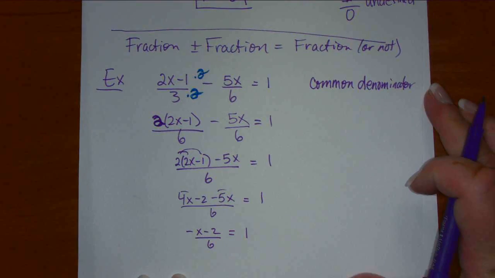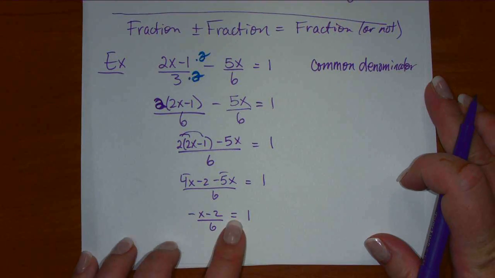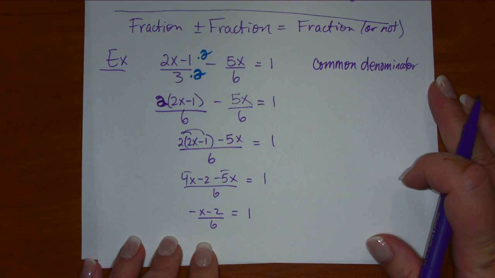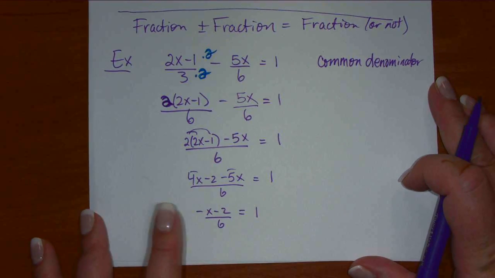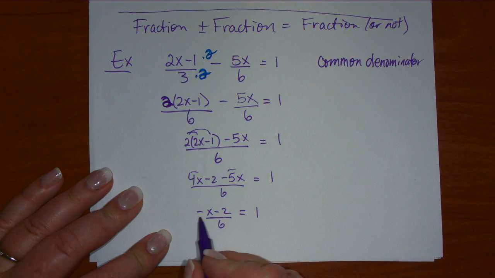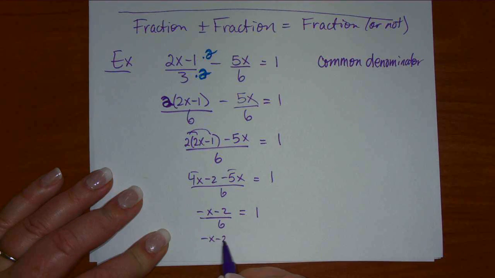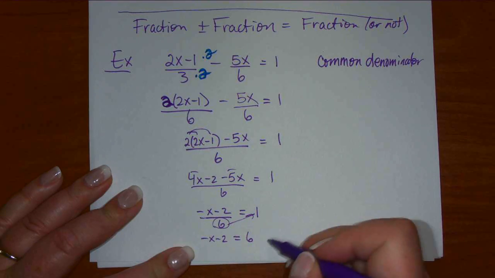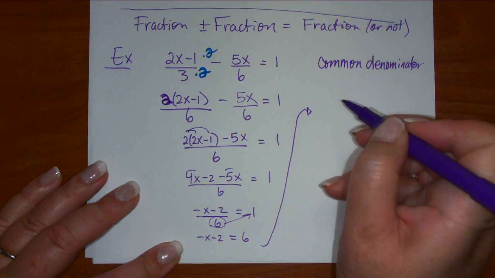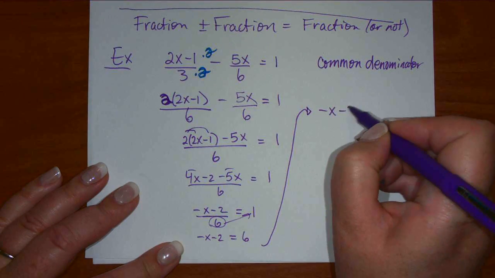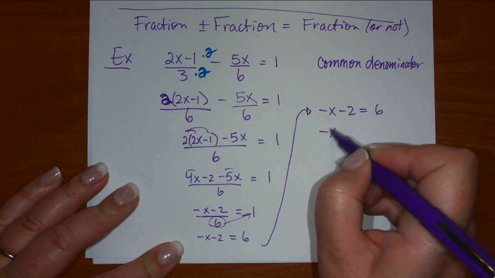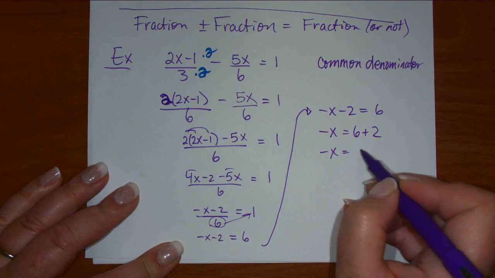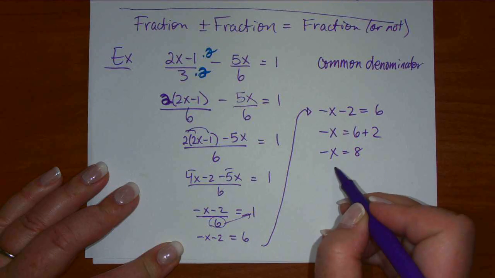So now we have a fraction equals a number, and we can cross multiply. The 6 would go on top with the 1. Move the 2 over. And divide by negative 1.